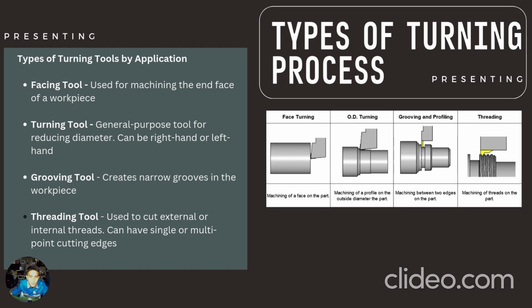The turning tool, for general turning process, is used to reduce diameter and can be right hand or left hand. The third one is the grooving tool, which creates narrow grooves in the workpiece, and the last one is the threading tool, used to cut external or internal threads, and can have single or multi-point cutting edges.